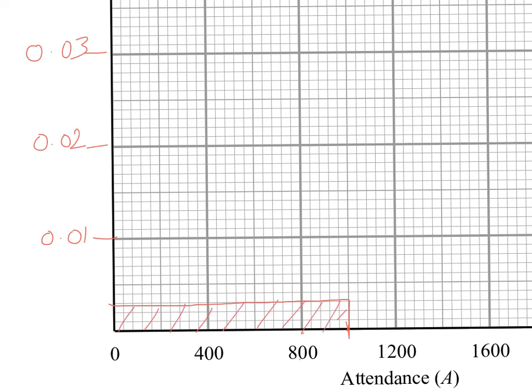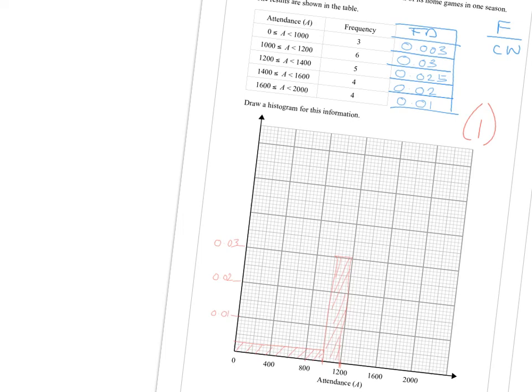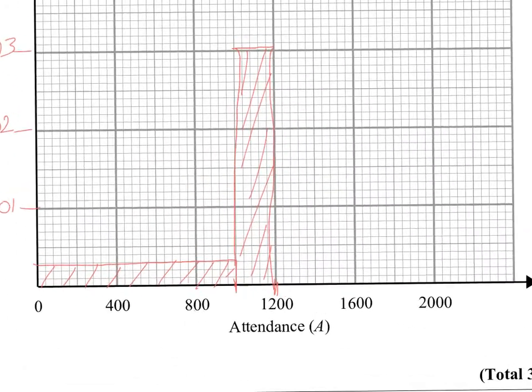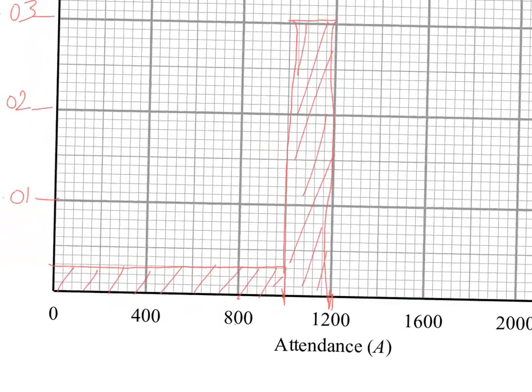The next one is 1000 to 1200, so it's going to be that kind of width, and it goes all the way up to 0.03. Ruler formulas would make this much better. That's given me the first two. Then 1200 to 1400, 0.025.